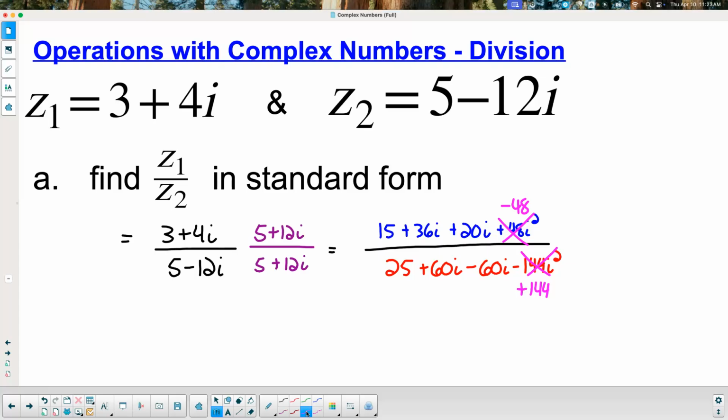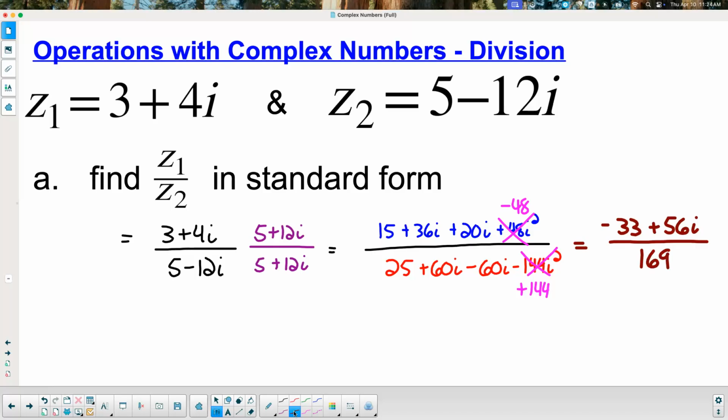So the top simplifies to be negative 33 plus 56i. The bottom simplifies to be 169.